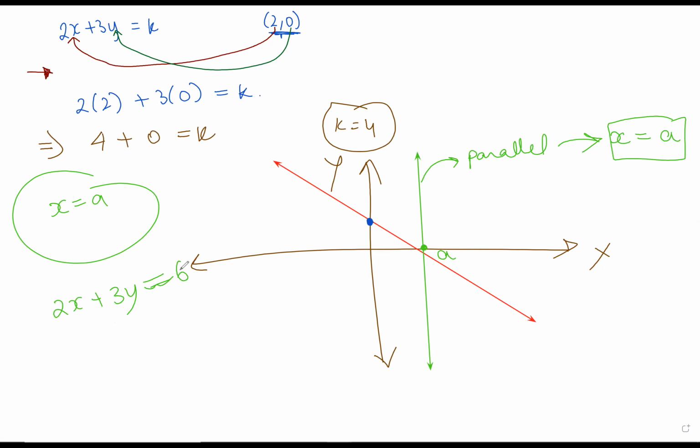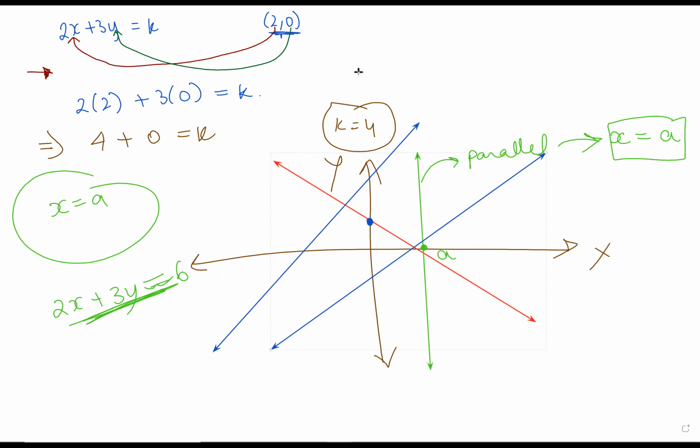So we know that this line will be something of either this form, like the red line, or something like this, or it could be something like this.